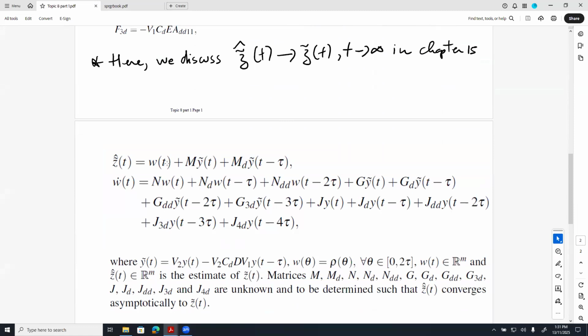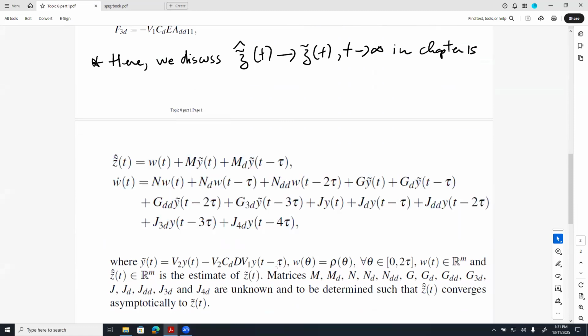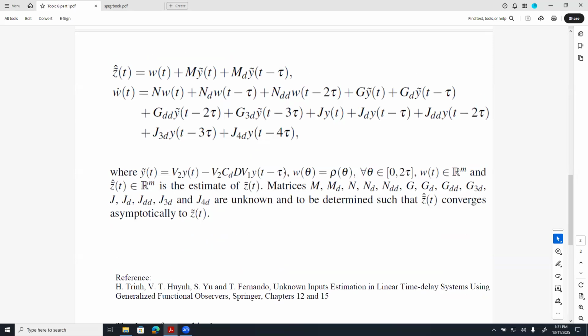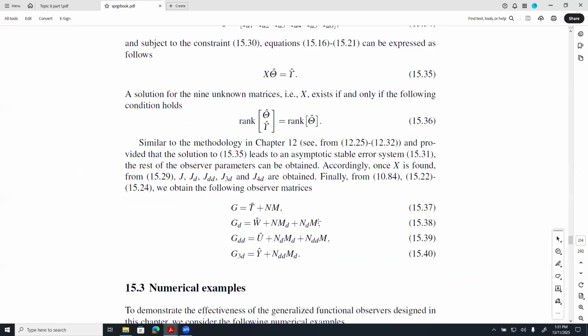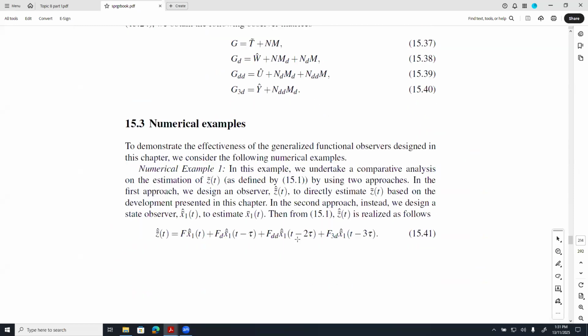The key things are the structure of the observer and a systematic derivation of the existence conditions. Okay, so that's basically the discussion, and we will just give a heads up on what we do in the next video.